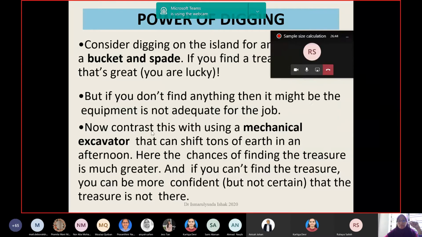Now contrast this bucket and spade with a mechanical excavator. You change to instruments that can shift tons of earth in an afternoon. Here the chance of finding the treasure is much greater. And if you can't find the treasure, you can be more confident that the treasure is not there after using this mechanical excavator.